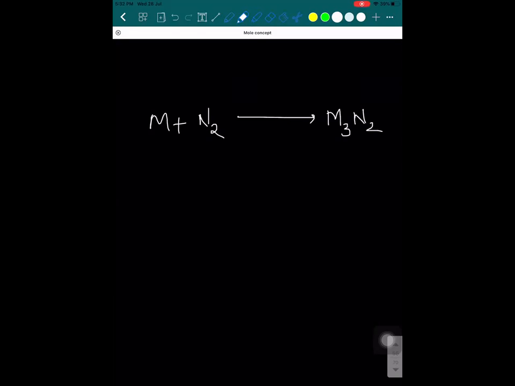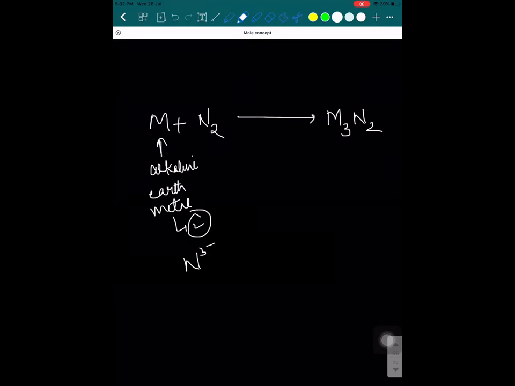Why is it forming M3N2? Because it is an alkaline earth metal, so valency will be 2. And nitride contains nitrogen as 3 minus. So if you crisscross, you will get M3N2. Now balance it and solve the question.